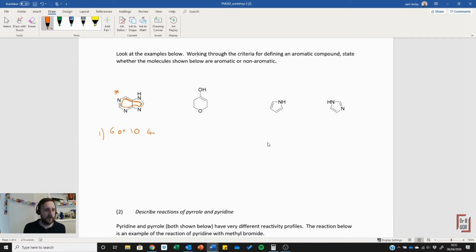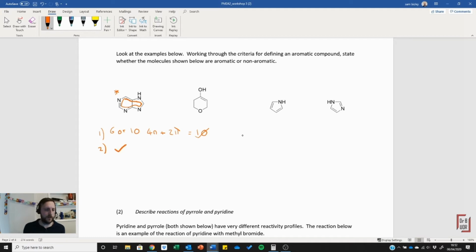So our 4n plus 2 pi electrons for this structure is equal to 10, which is true. We know that 10 is a valid number for that. Perfect. So we go to what our second rule was. The electrons are fully conjugated, which they are. We've got the lone pair of electrons being included, and everything else is also fully conjugated.